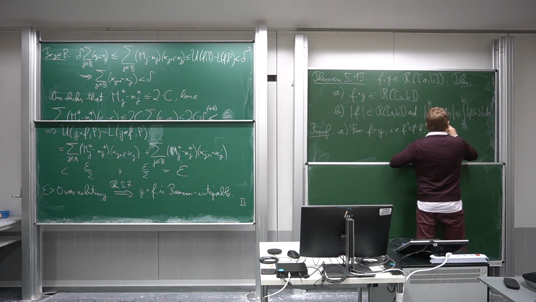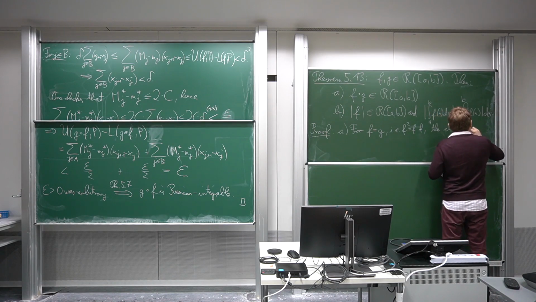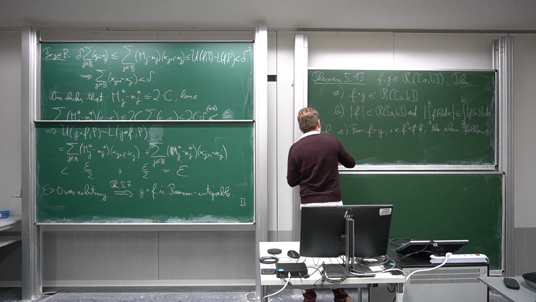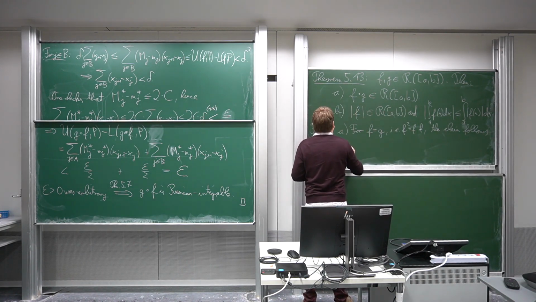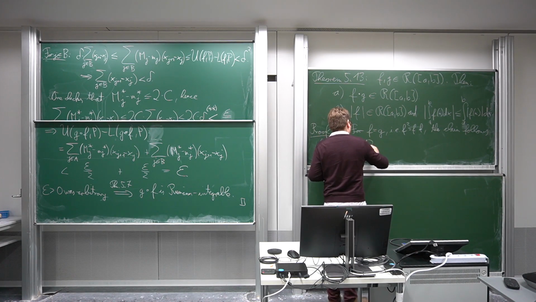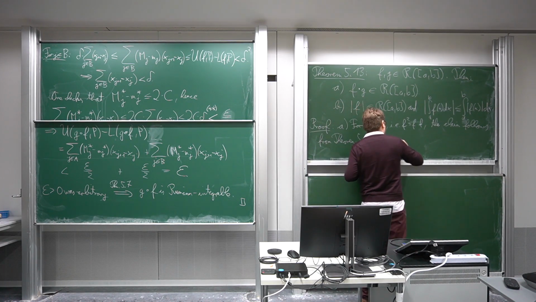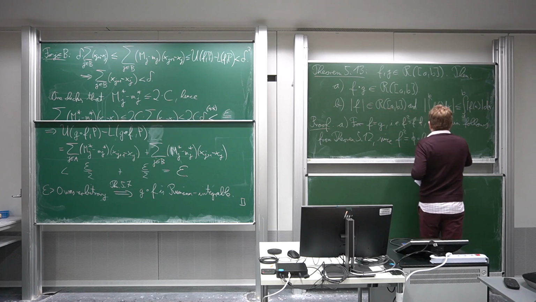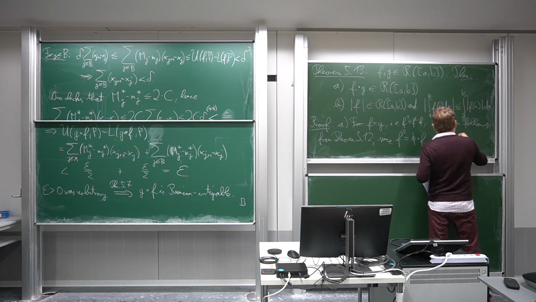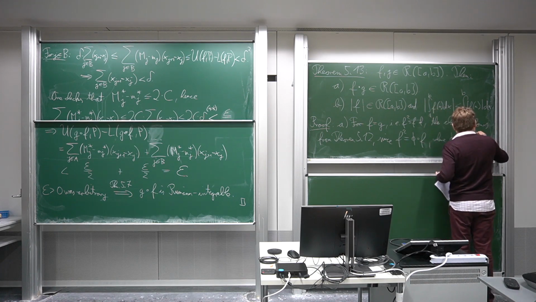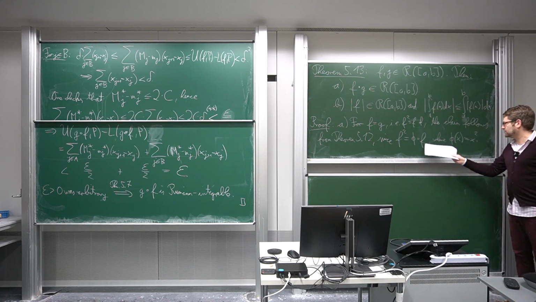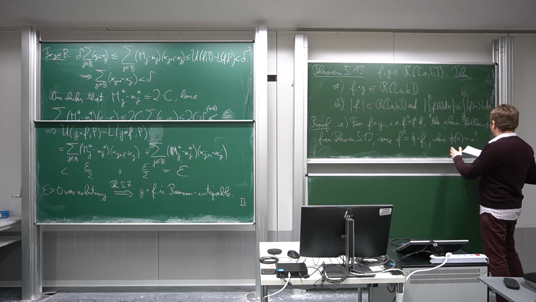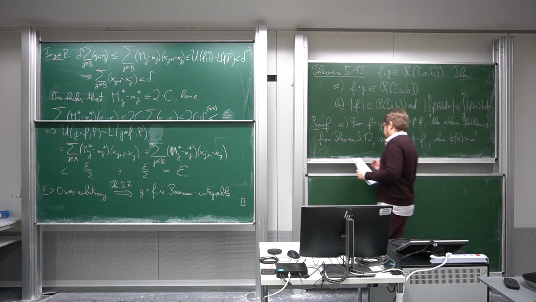Then the claim follows from the previous theorem, theorem 5.12, since we can write f squared as phi composed with f, where phi is simply the function phi of x equals x squared. This is just first taking f and then squaring. So by the previous theorem, since phi is obviously continuous, we get that this is Riemann-integrable.